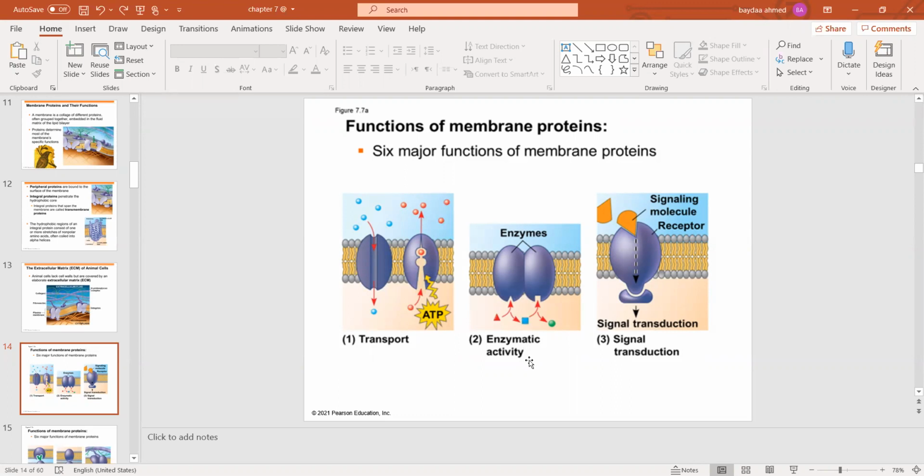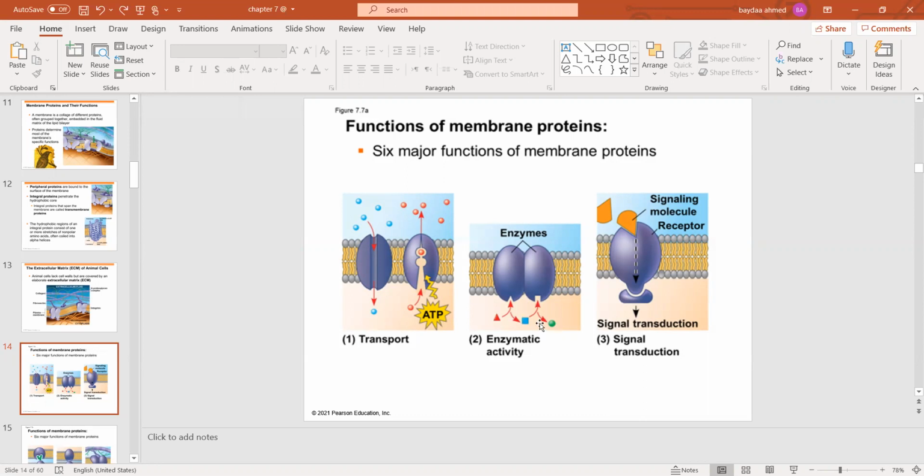And we have enzymatic activity for proteins. A protein built into the membrane may be an enzyme with its active site, where the reactant binds, exposed to substances in the adjacent solution.